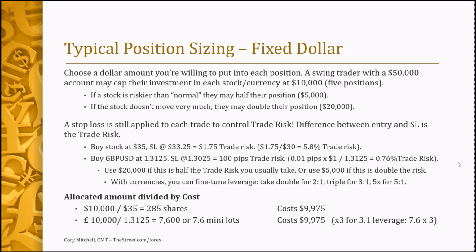So deciding how many positions you can take in your account is a way to calibrate things. It's like your baseline, and then based on how risky things are, you could potentially add a little bit more to a position or take a little off, but you're going to use that as your general guideline. So we'll talk a little bit more about that as we go through some of these examples.